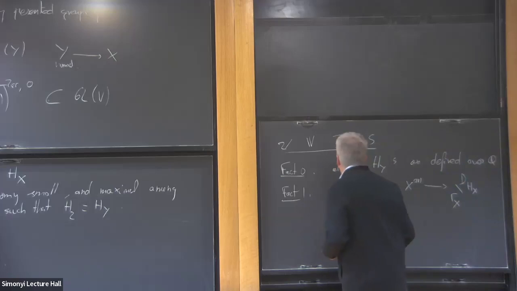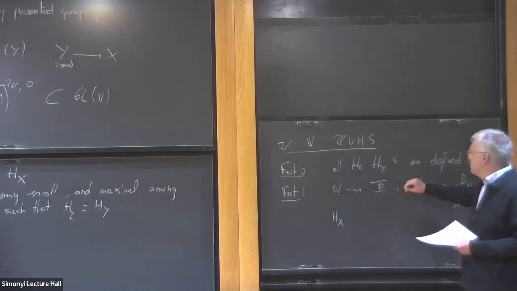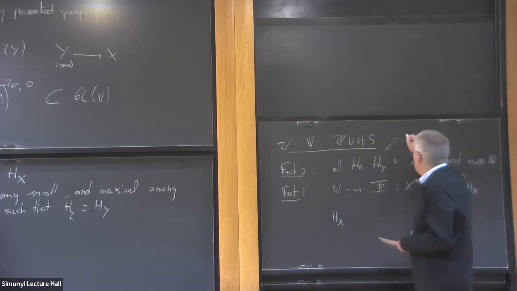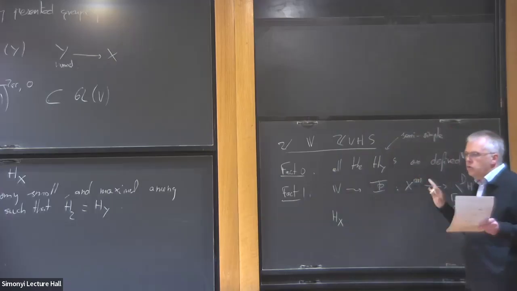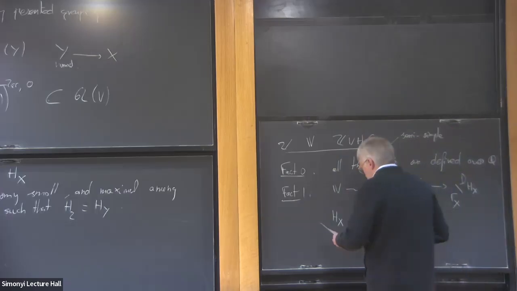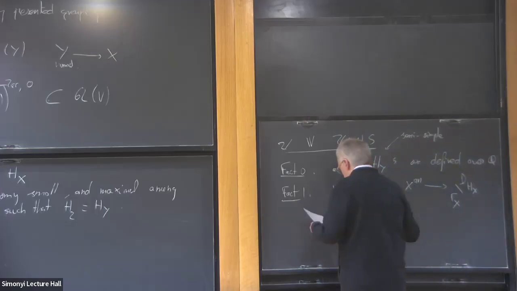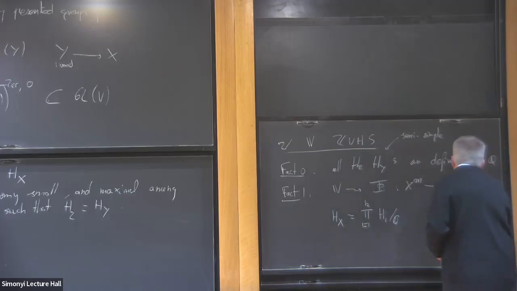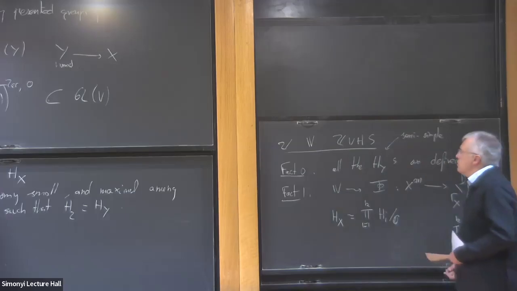In general these groups are defined over Q, and not only this, there is a crucial fact proven by Deligne that those groups are semisimple. So no unipotent part, but no tori either. Really semisimple. So H_X, up to isogeny, is a product of simple factors, and this means that this period domain is actually a product of such period domains.